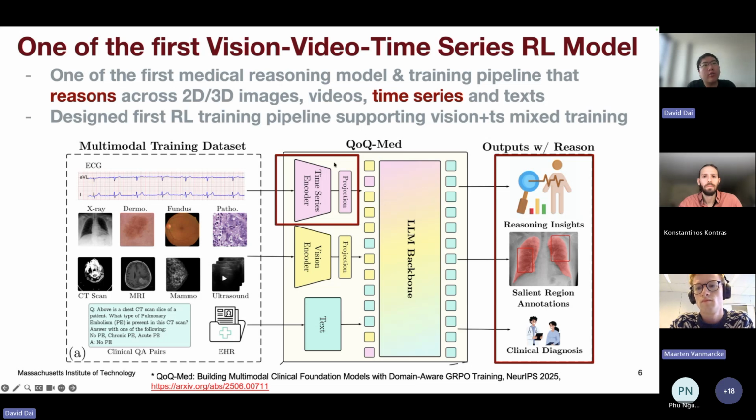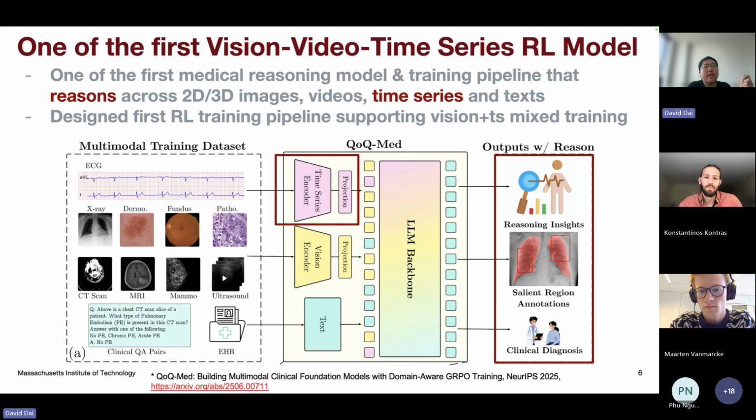And for the time series, we mimic how the model handles images. Even though the time series is multi-channel, the time series encoder combines the multi-channel ECG into one single token for each chunk of around 5 seconds of the ECG input.